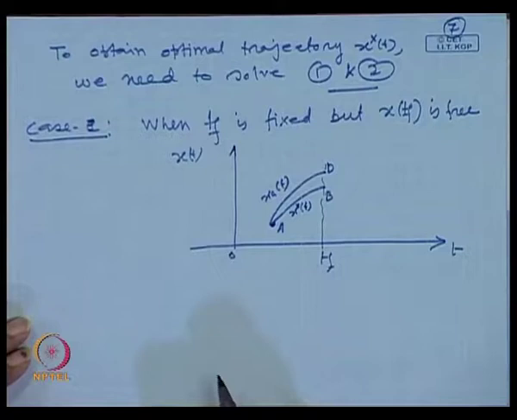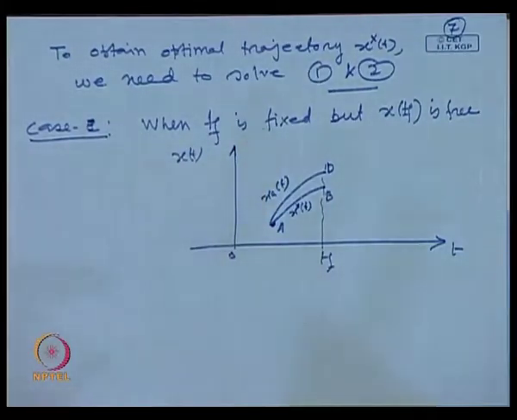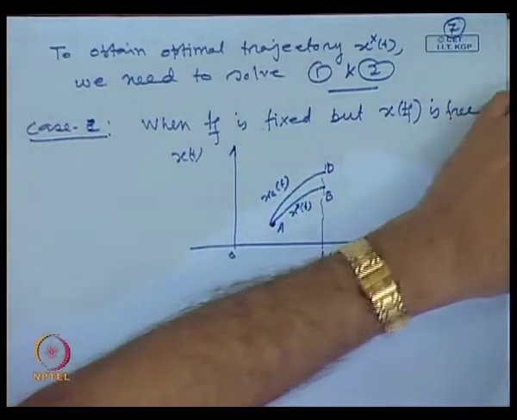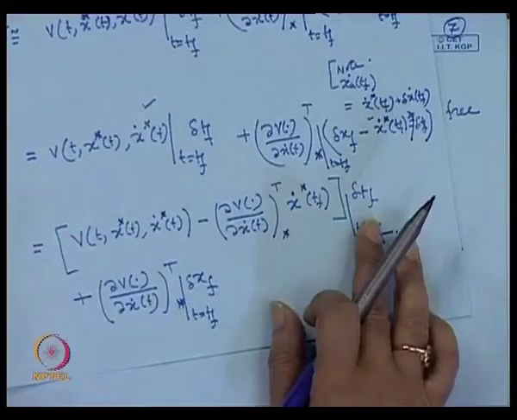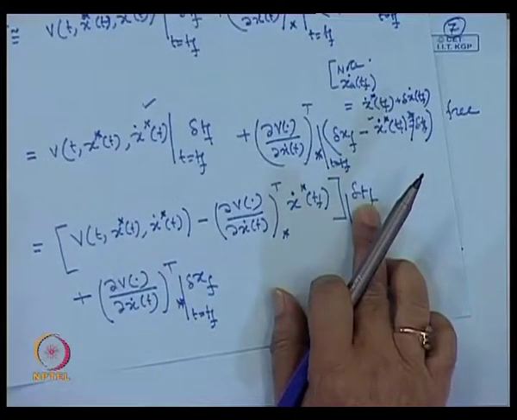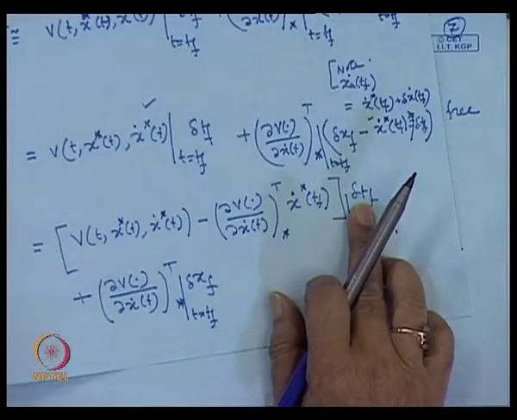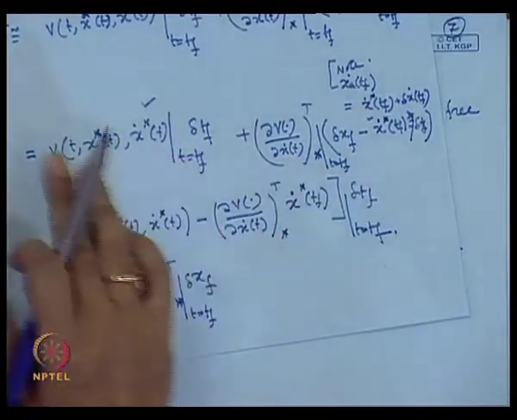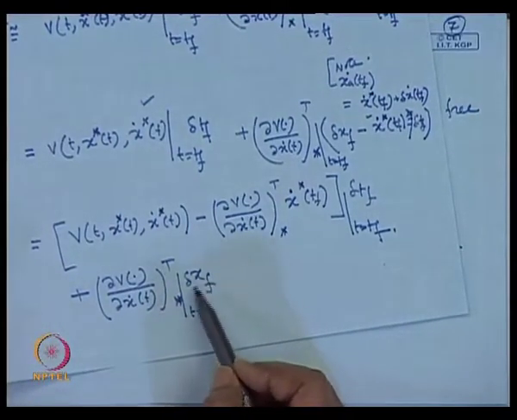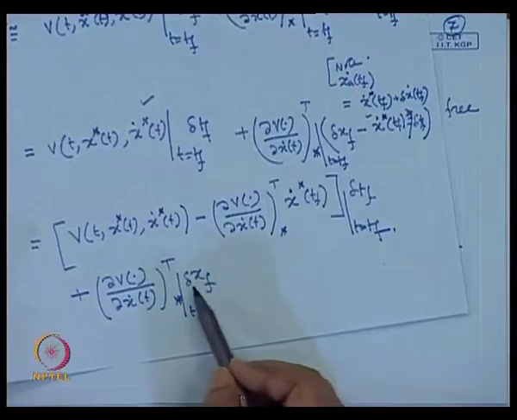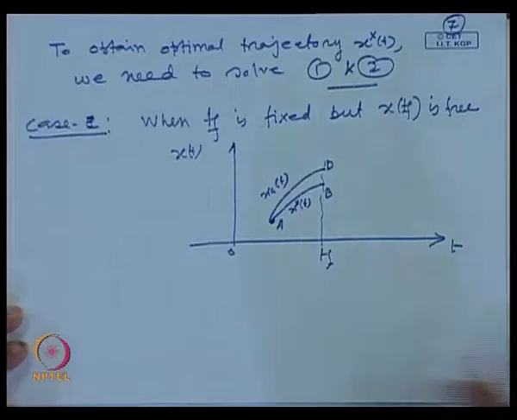In this situation, T f is fixed, which means delta T f is 0. So in the delta J expression, this term will not come into the picture in the end condition. The other term is not equal to 0, because x of T f is free, so delta x of T f is not equal to 0, and this condition must be 0.